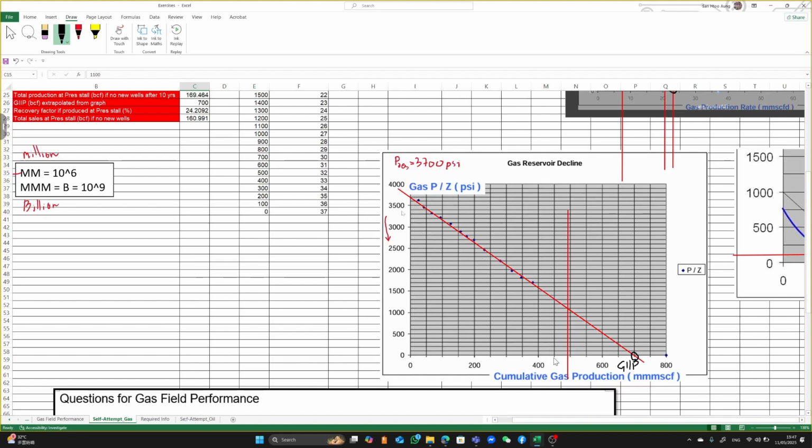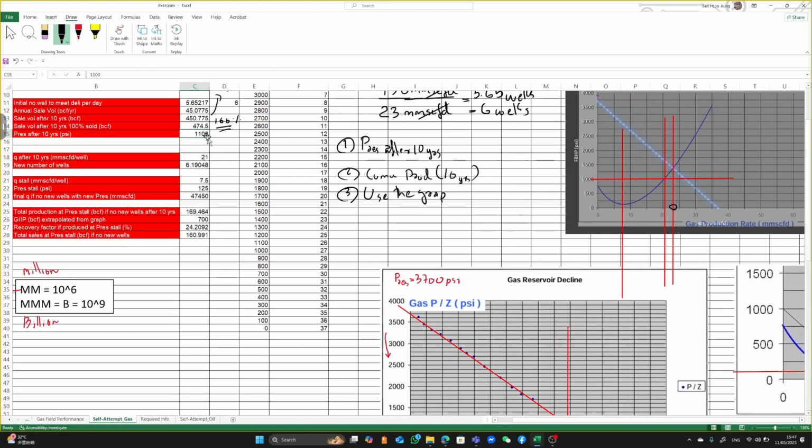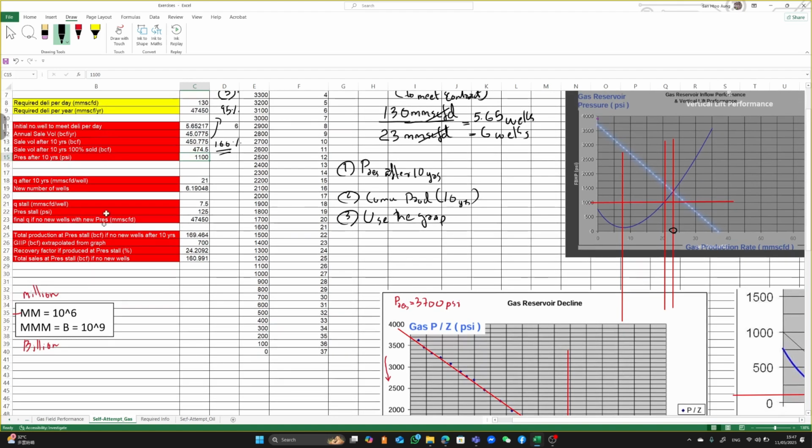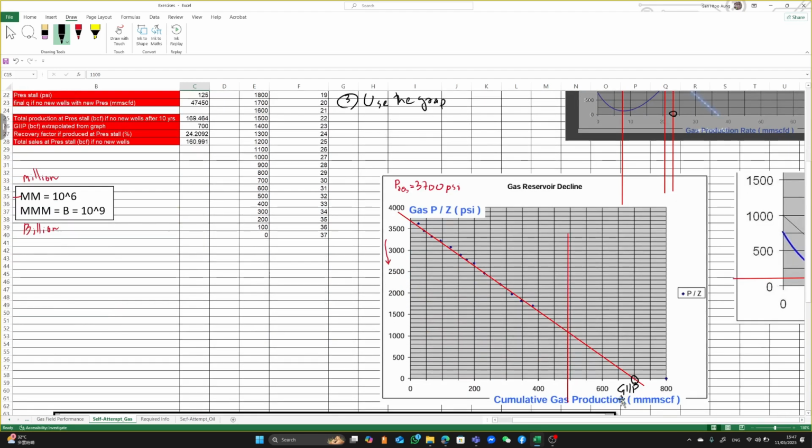So we have the cumulative production, which is 474.5 billion standard cubic feet, which is MMM. And let's see the amount in MMM as well, so we can correctly use the value. So 474, where do you reckon we place our line to find where we have produced? The cumulative gas production after 10 years is 474, right?